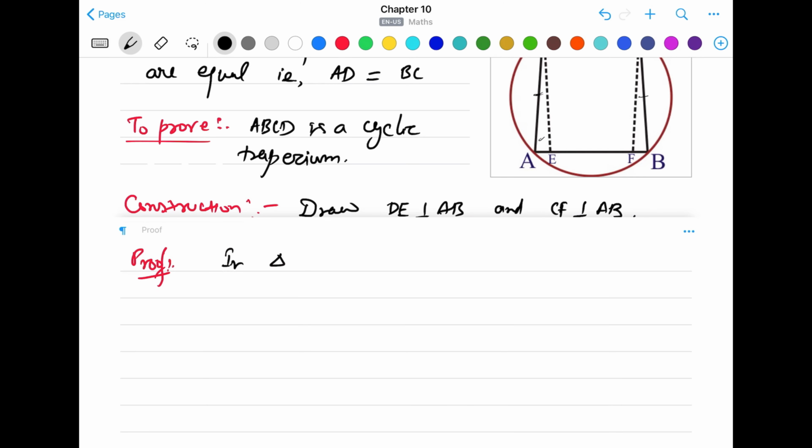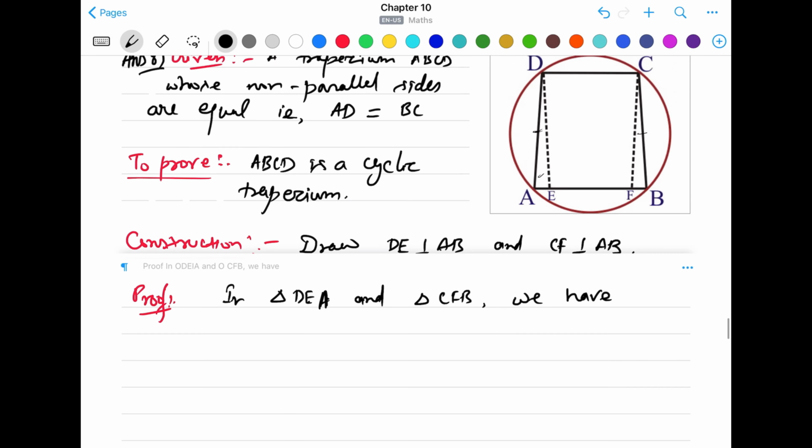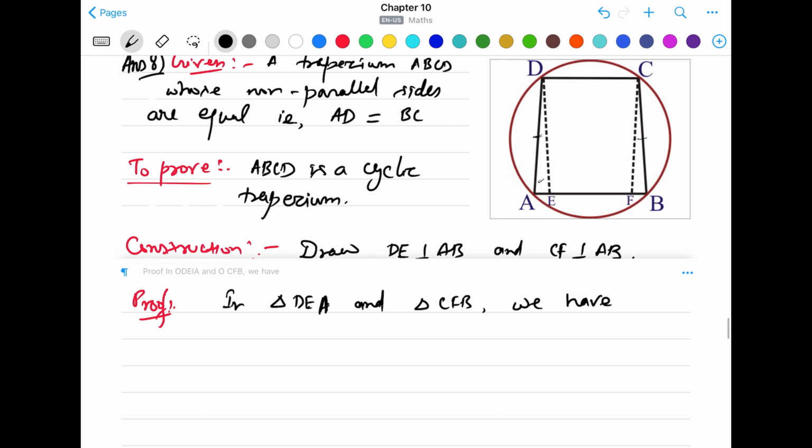In triangle DEA and triangle CFB, we are going to prove that these two triangles are congruent by the RHS Congruence Rule. So let's write. First we have that AD is equal to BC.